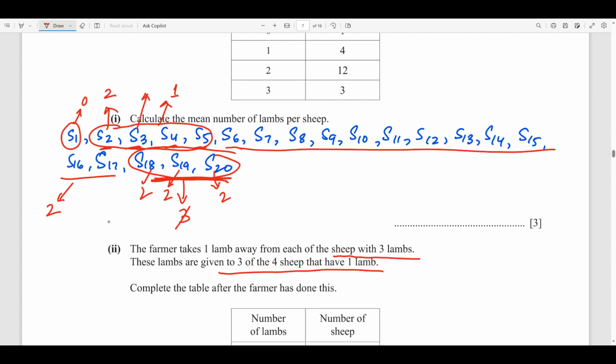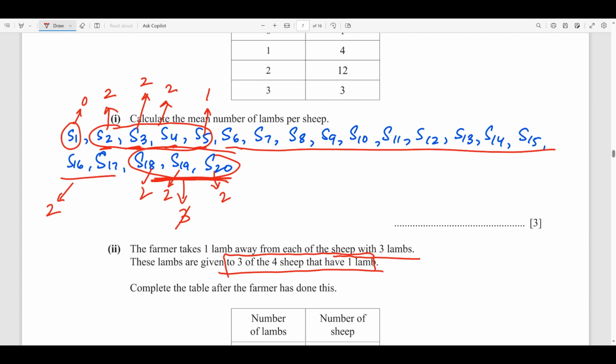S3 has got 2, like previously it had 1 and one more is given to it. S4 also has 2, and let's say that S5, the fourth sheep which previously had one lamb, has not been given an extra lamb, because it says only 3 of the 4 sheep have been given. So maybe this is the unfortunate sheep that did not get the lamb, right?